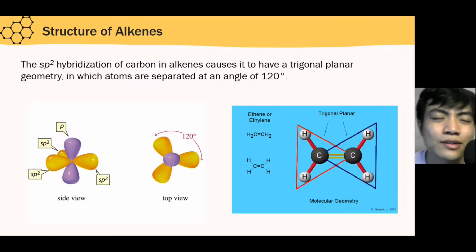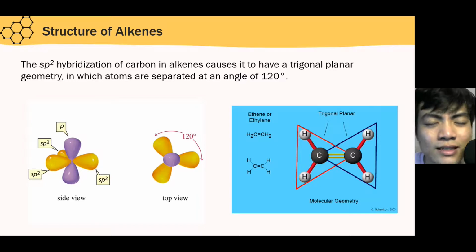Now, let's talk about the structure. So in your lecture, you know that depending on the hybridization, the structure of your hydrocarbon could change. So we learned that if you have an sp3 hybridized atom, that means the geometry will be always tetrahedral.